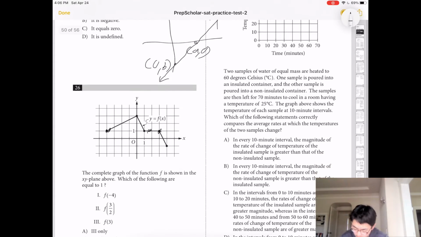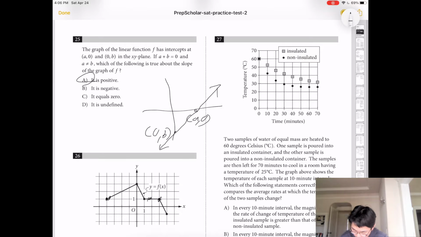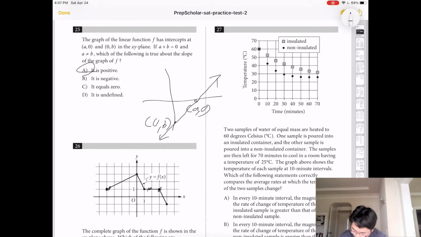Number 27. Oh, man. Which of the following statements correctly compares the average rates at which the temperatures of the two samples change? A, in every 10-minute interval is greater. That's not true, because at 0 to 10, non-insulated has a greater change, but at 60 to 70, insulated has a greater change.